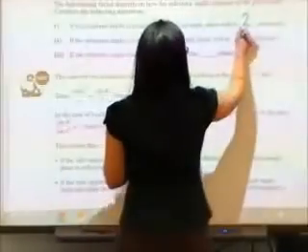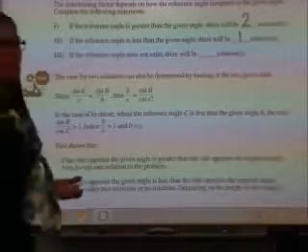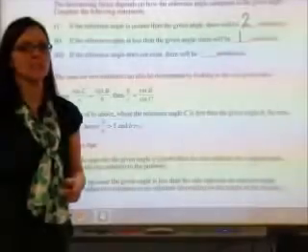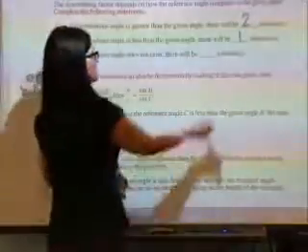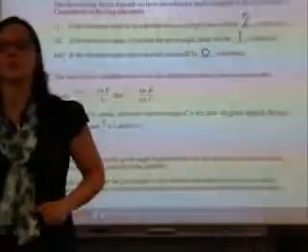If the reference angle is less than the given angle, there's one. And if the reference angle doesn't exist, meaning when you try to calculate it out, it doesn't exist, there can be no solution. Meaning you can't actually physically draw the triangle with those measurements.